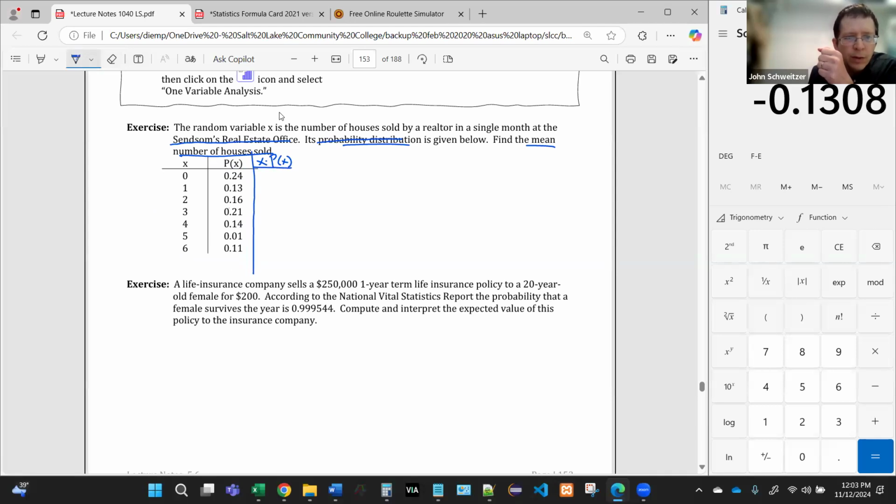Okay, so I'll do the first couple of easy ones for you. So 0 times 0.240, 1 times 0.13 is 0.13, 2 times 0.16 is 0.32. So you guys practice with this. See if you can fill out the rest of that third column there on our probability distribution. And then what we'll do is we'll kind of get an idea of what the average number of homes sold for a month is for this particular office.